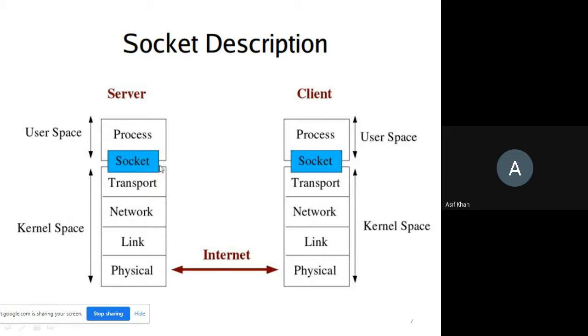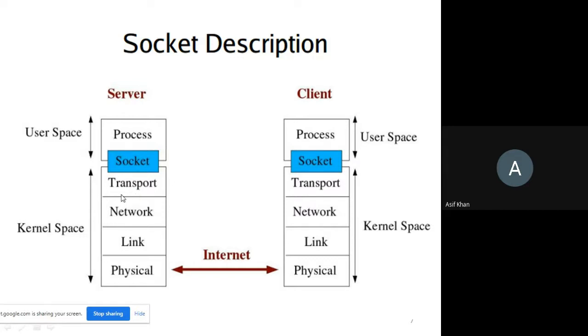You can see here, it is the interface between the application layer process and the transport layer. This is a server and this is the client computer, and in both computers sockets are there. Socket means the endpoint of communication, right? The socket API is used for writing the program, right?